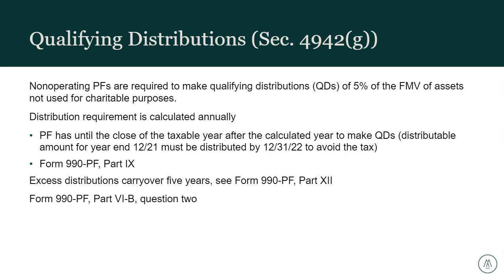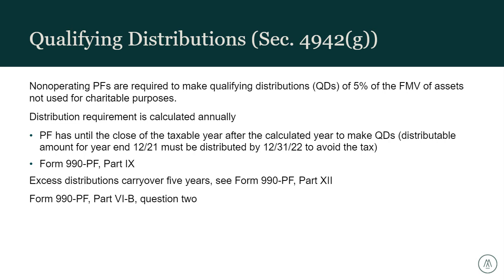So the IRS does not expect you, if your distribution requirement is $1 million, to distribute all of that by 12/31/22. They will give you the following taxable year to do that.